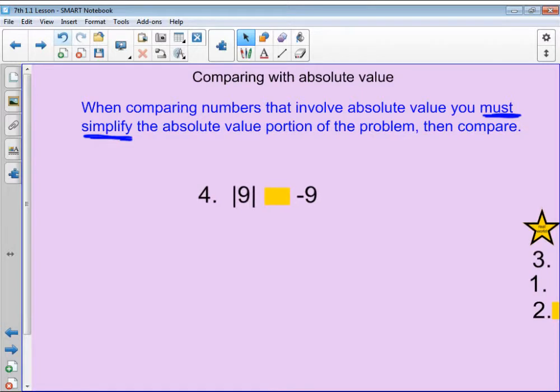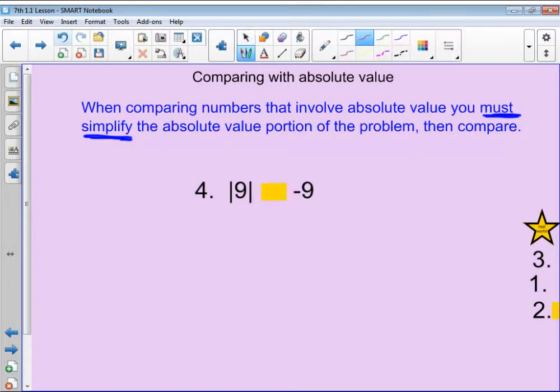Let's try one more. The absolute value of 9 compared to -9. We're going to go ahead and start simplifying with the absolute value.